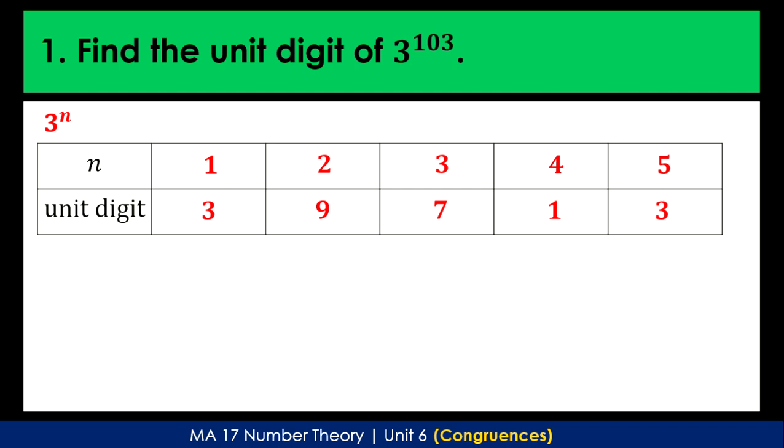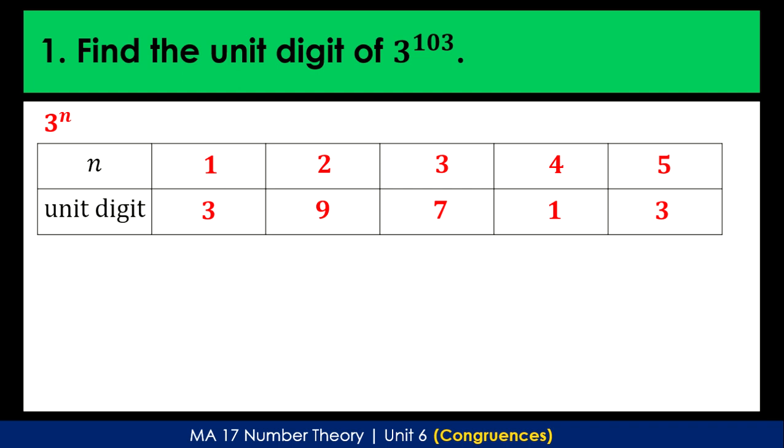Now let's utilize 3 raised to 4, which has a unit digit of 1. How do we represent this using a congruence? We can represent this by having modulo 10.